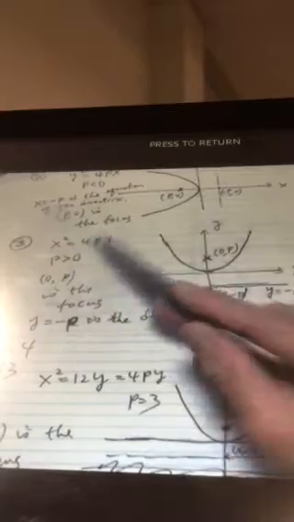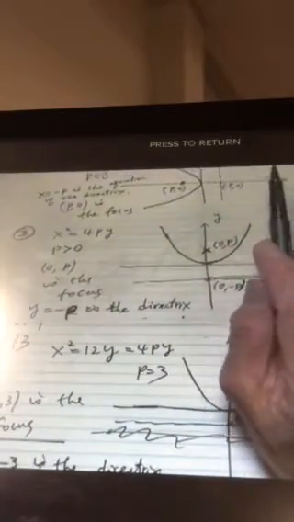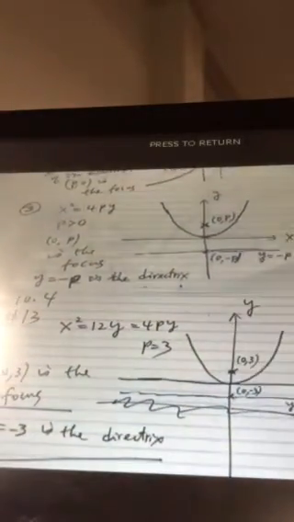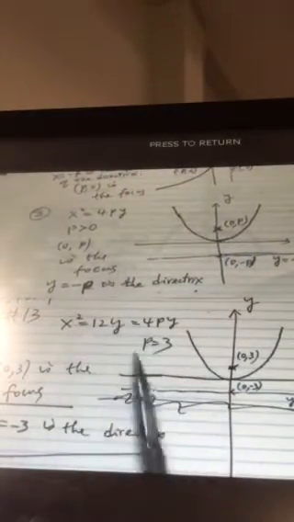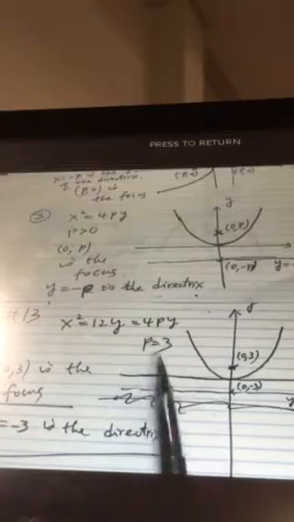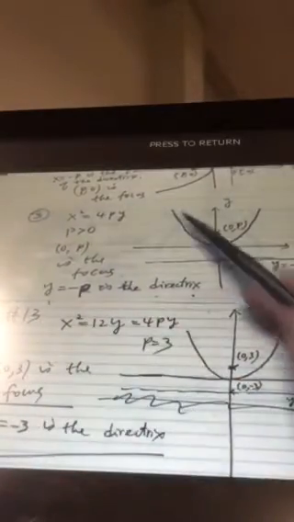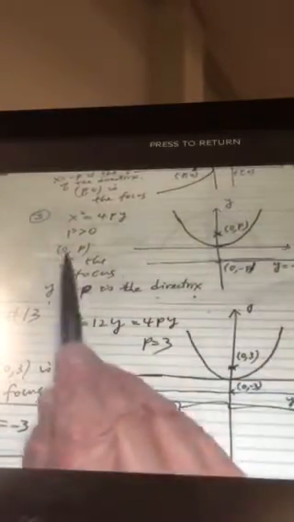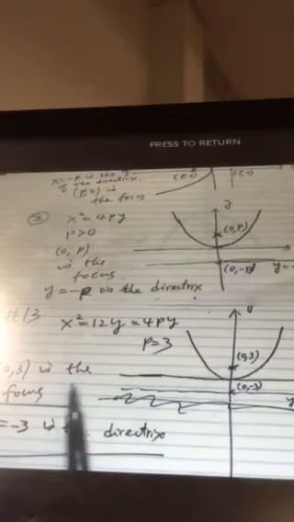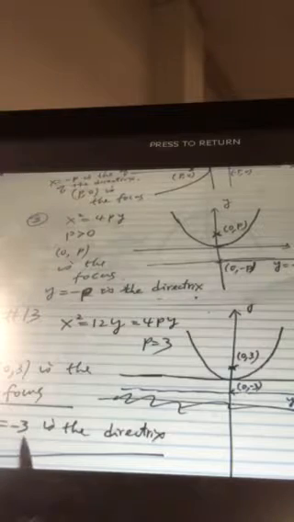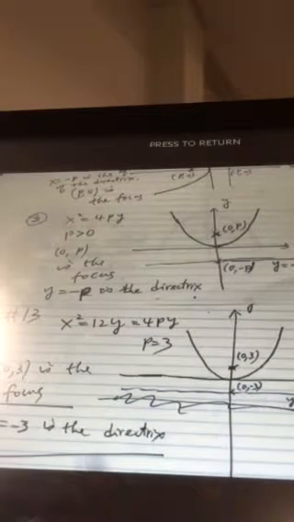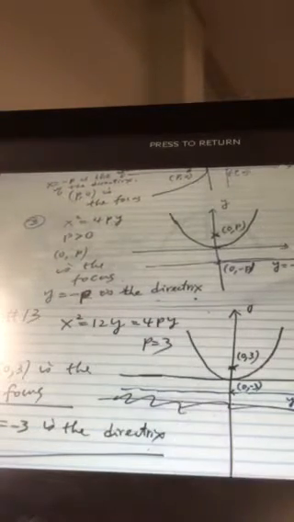So if it is x squared equal to 4py and p is 3, p is positive, then the graph looks like this. (0, 3) is the focus, and y equal to negative p, negative 3, is the directrix.